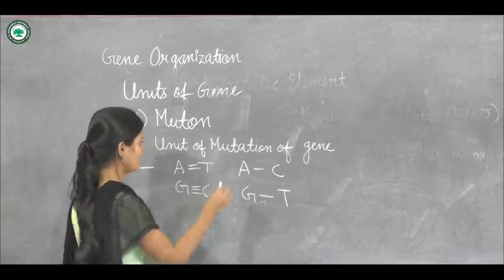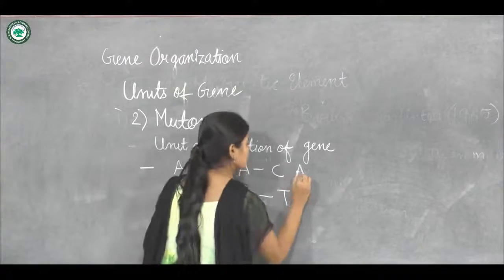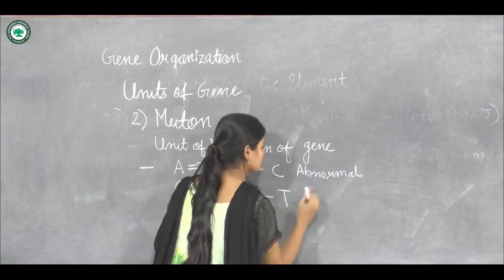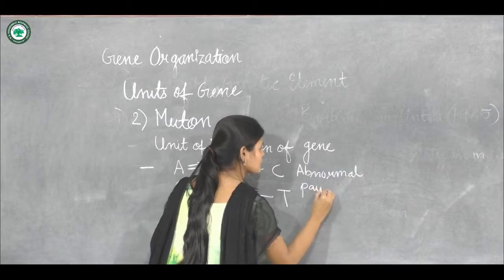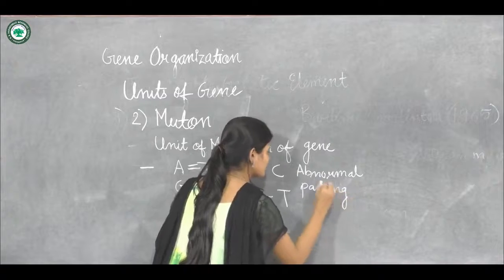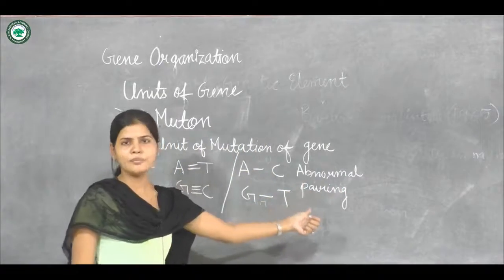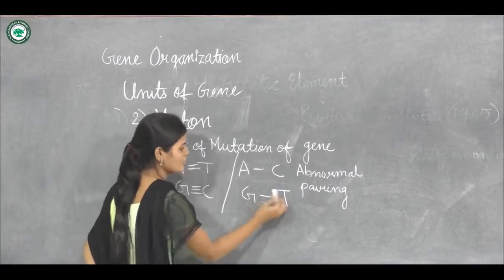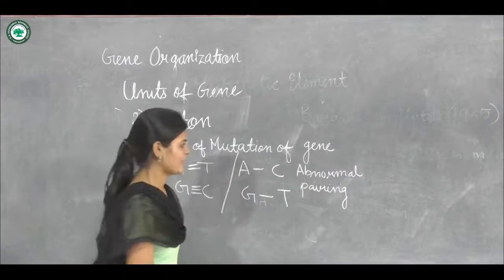So this is an abnormal pairing. Now what will happen? This will result in mutation.